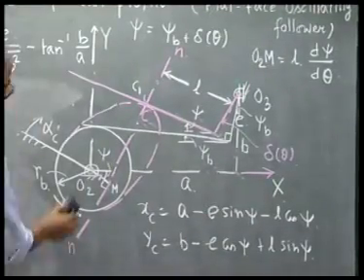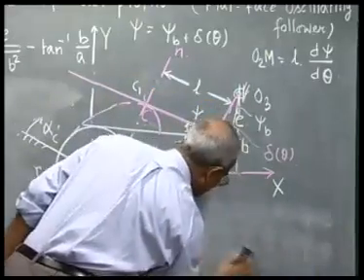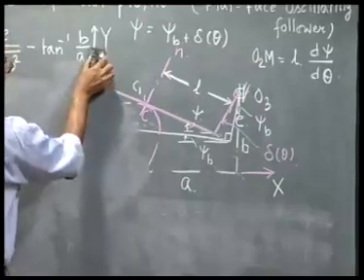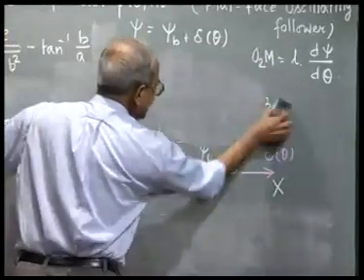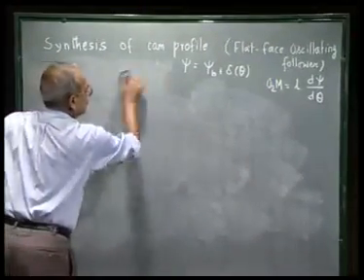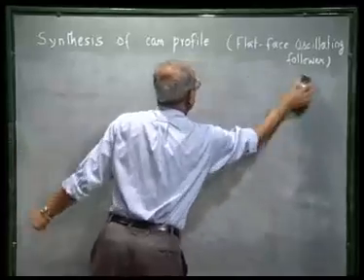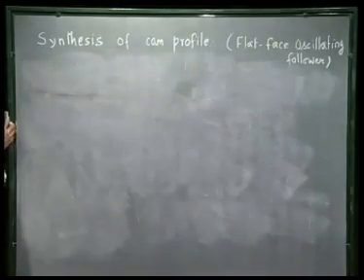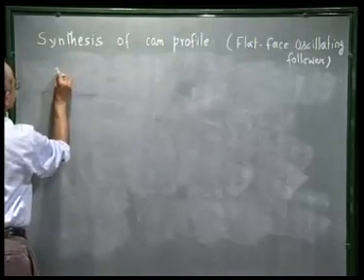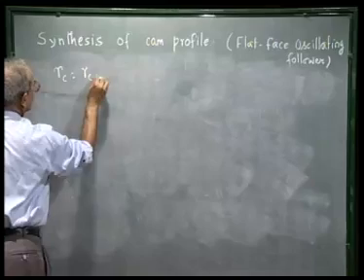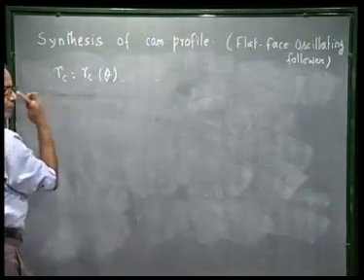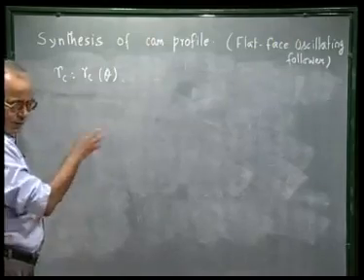One point I would like to emphasize at this stage, that once we get the Rc, the distance from the camshaft axis, and the polar angle for the contact point, for all types of follower, translating or oscillating does not matter. If I summarize this analytical method for synthesis of cam profile, we are getting Rc as a function of cam rotation and a polar angle, which I denoted by phi c prime or psi c prime or alpha c prime in various cases.